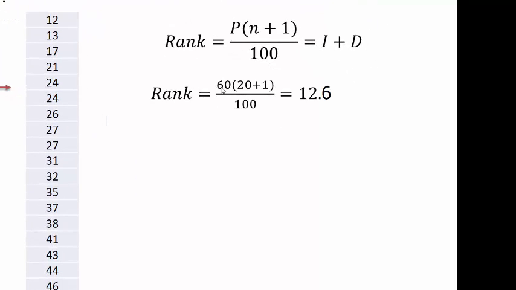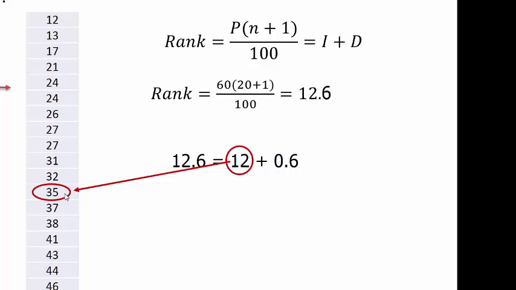P is 60, so 60 over 100 times 20 plus 1 is 12.6. I will split it in two parts, the integer part and the decimal part. The integer part is 12. I'm looking for the 12th observation. Where is my 12th observation? 1, 2, 3, 4, 5, 6, 7, 8. And here is my 12th observation, which is 35.